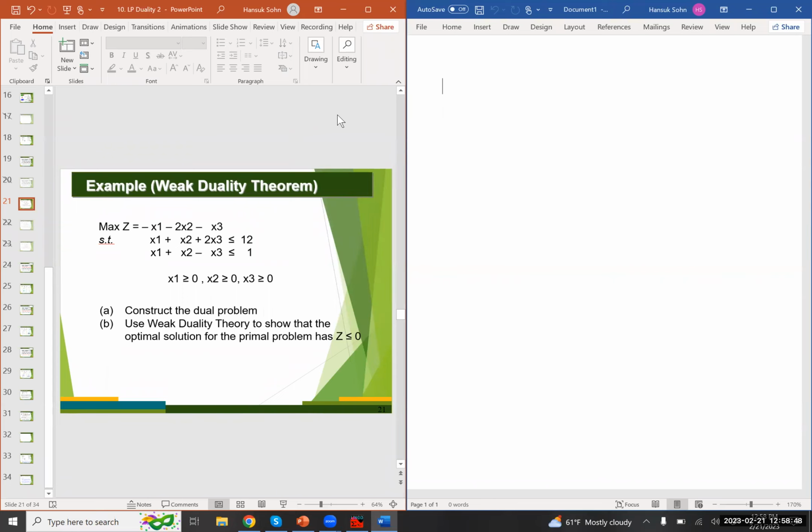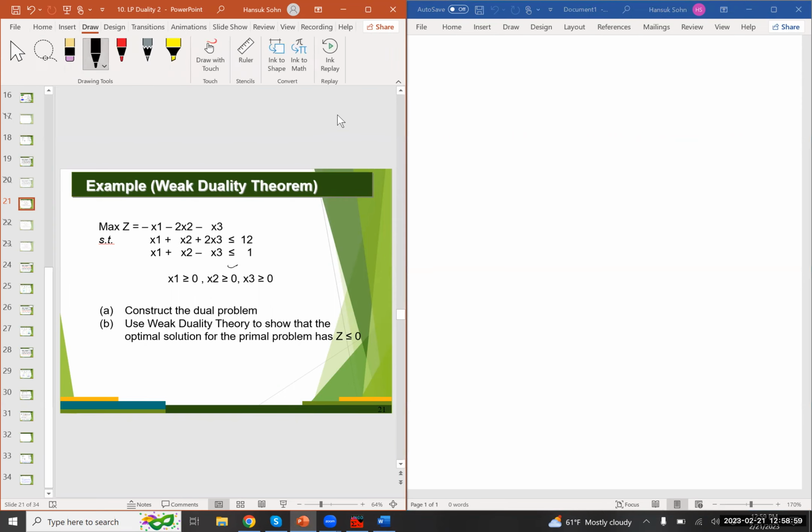Okay, constructing the dual would be very easy because the given LP is a maximization problem with all less than or equal constraints, right? So the dual must be a minimization problem with greater than or equal constraints, right? Let's say the given LP is the primal LP, and this is going to be the dual LP.